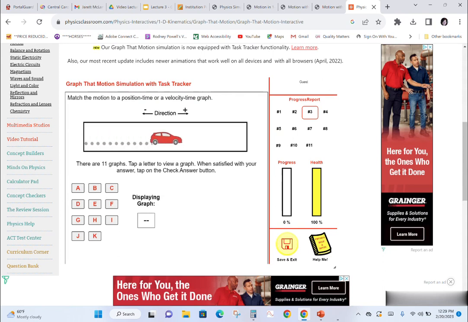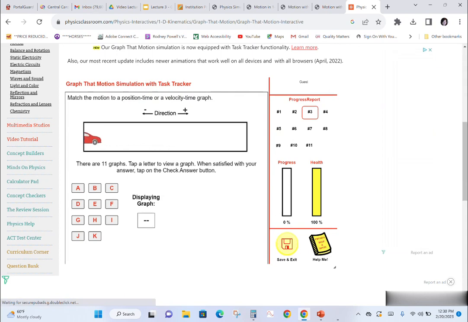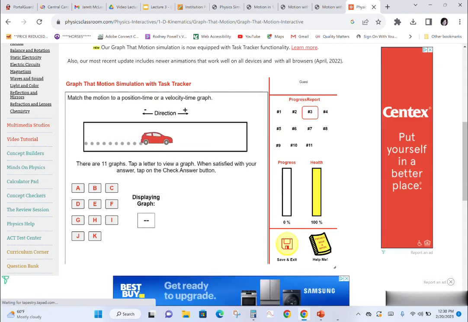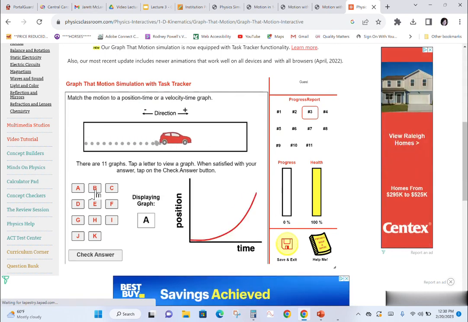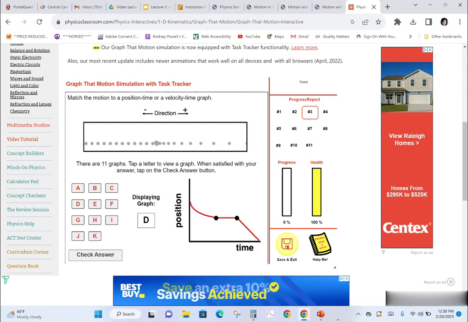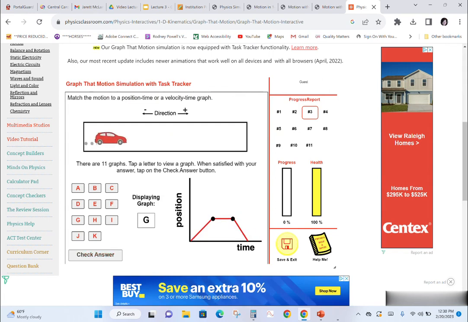It's moving in a positive direction at a constant speed, and then he stops and he accelerates. So what would the position graph look like? Constant speed, stops, and accelerates. Constant speed to the right. So we would want a graph that shows a position graph of constant speed.